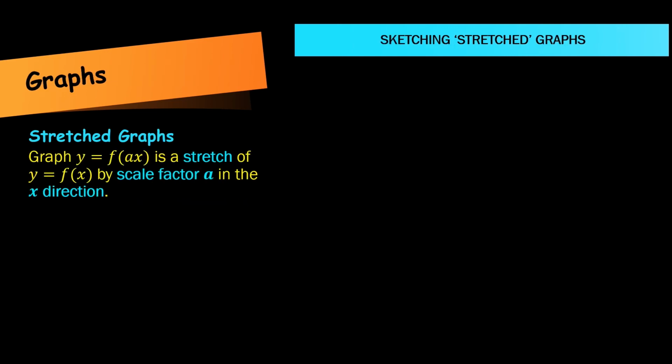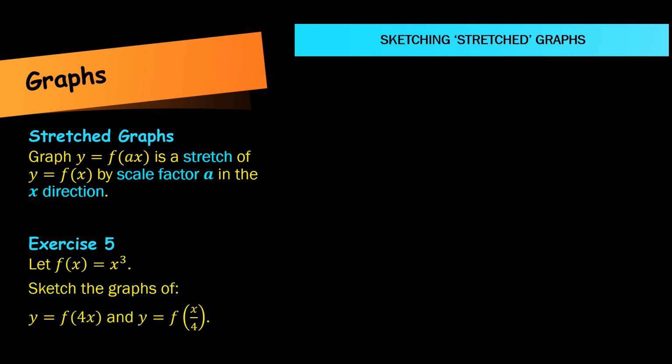In exercise 5, we're going to look at stretched graphs. Graph y equals f of ax is a stretch of y equals f of x by scale factor a in the x direction. So let's take a look at exercise 5. Let f of x equal x cubed. Sketch the graphs of y equals f of 4x and y equals f of x over 4.